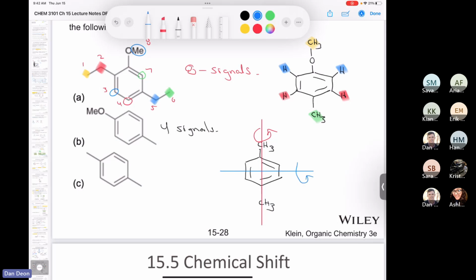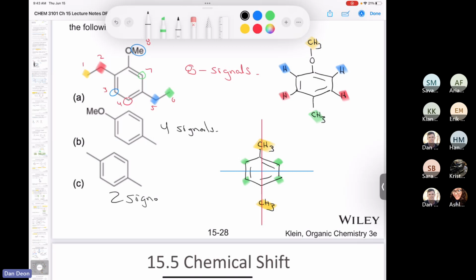Could anybody tell me how many types of unique protons are there in this molecule? Exactly, there's 2. Thanks, Ariana. Because the 2 methyl groups are chemically equivalent, and all 4 of the aromatic protons are chemically equivalent. And so we have 2 signals for this compound.